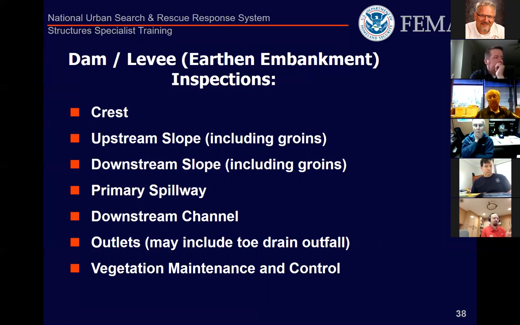If it starts to migrate away from the controlled structure, you've got something that's causing inflow from somewhere else. That needs to be a concern. While we're looking at the outlets, look at your toe drains if they're present. Your riprap, there are some items that help you identify things to be concerned about. And then lastly is your vegetation, your maintenance and control. So look and see how well it's been maintained.